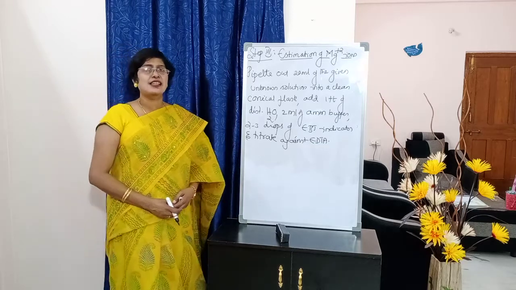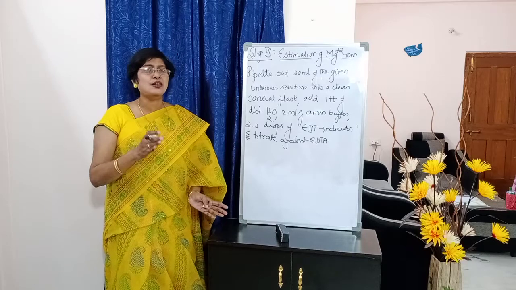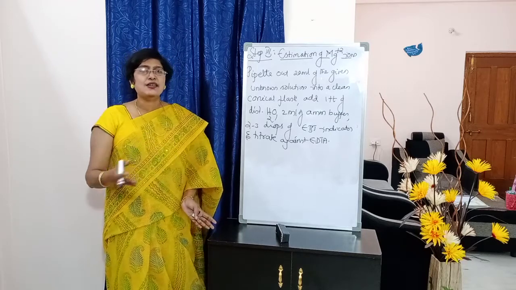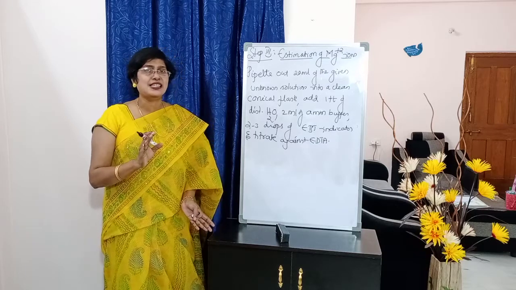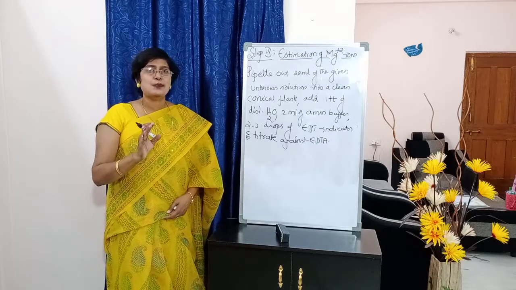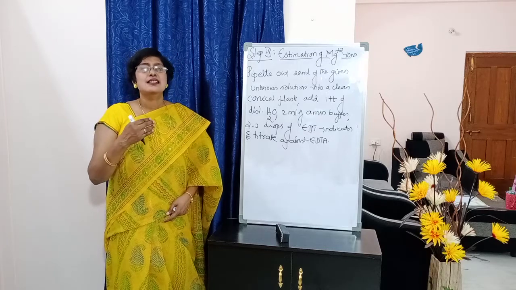Observations and calculations. Students, while writing in your record, after completing all these, you can write observations and calculations at a time. But while writing in the record, first page, you will put the heading aim, principle, reactions, step 1.